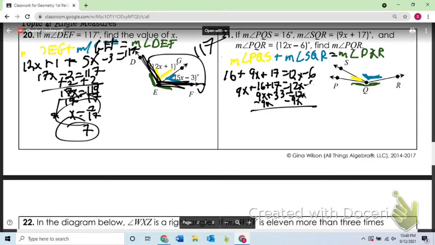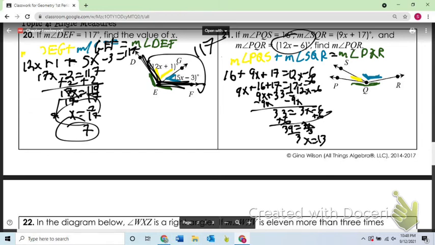That's 12x minus 6. So that gives me 33 equals 3x minus 6. I'm going to add 6 to both sides. 39 equals 3x. Divide both sides by 3, and I get x equals 13.